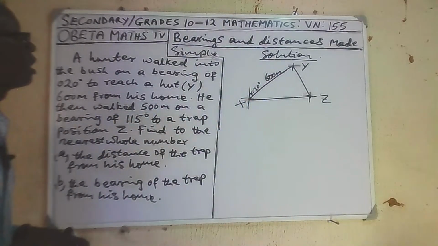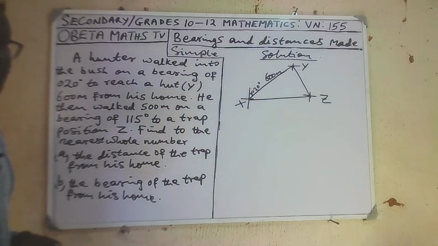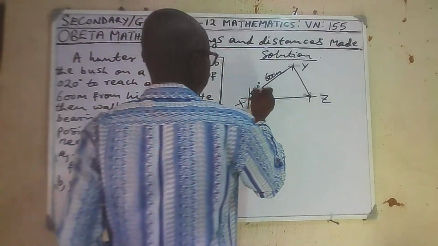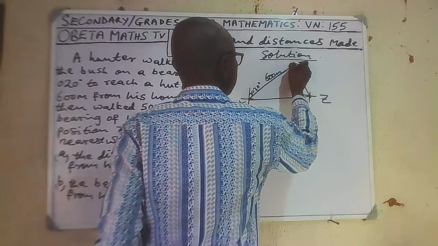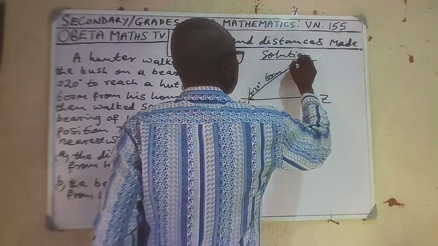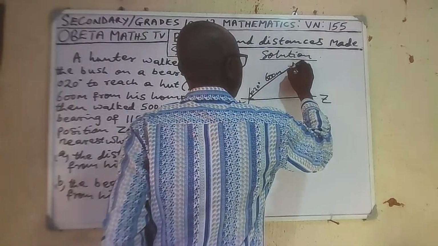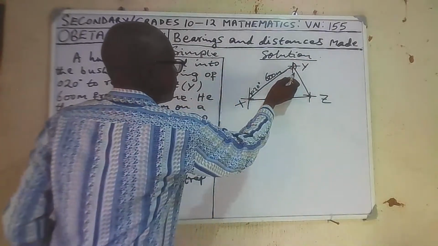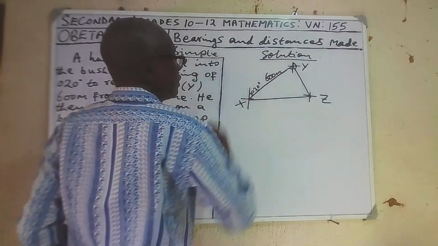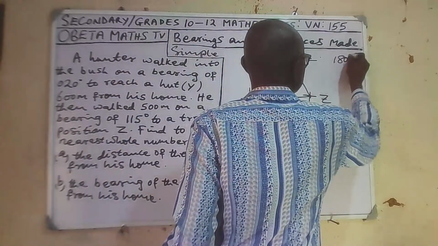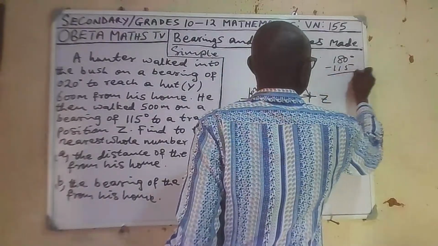Now, let us see how we can fix the angles. Since this is 20 and this line is parallel to this, this should be 20. Then the whole of this is 180. Since this is 115, the remaining part should be 65 degrees, that is 180 minus 115.